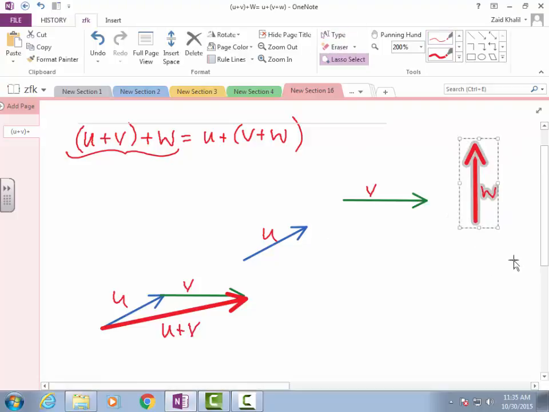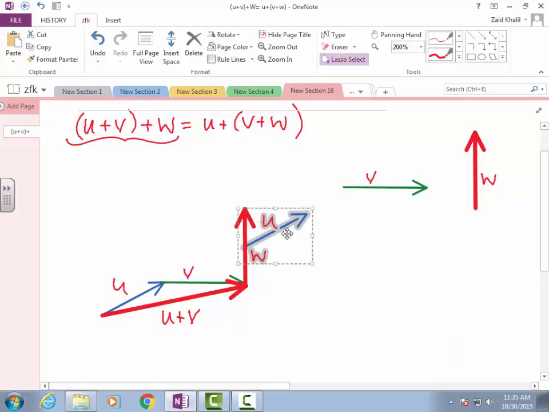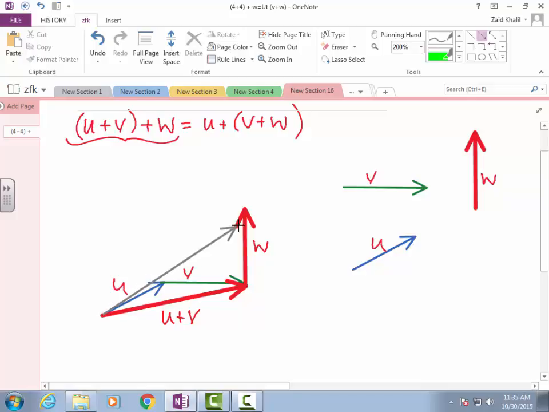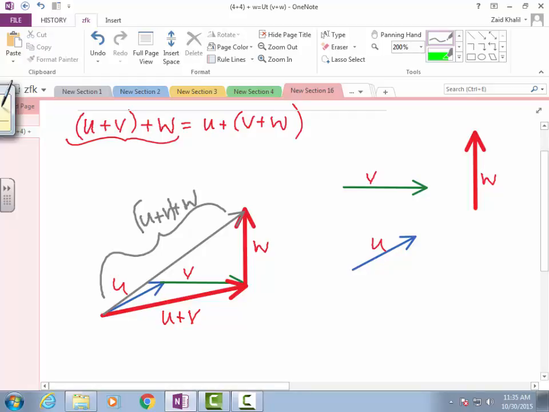So this is then u plus v plus w. So then what is going to be u plus v plus w?